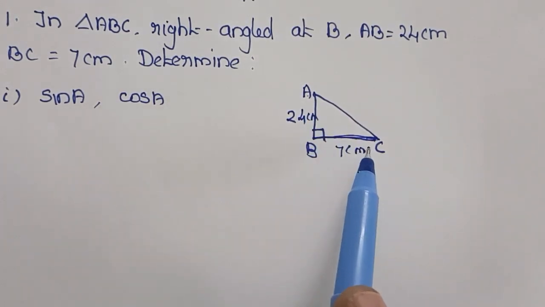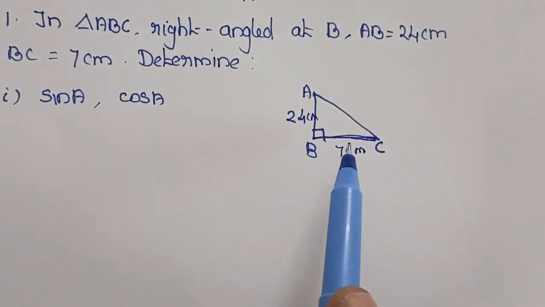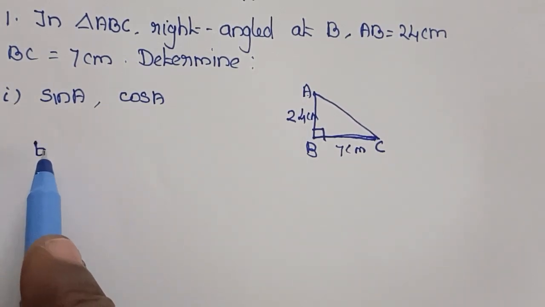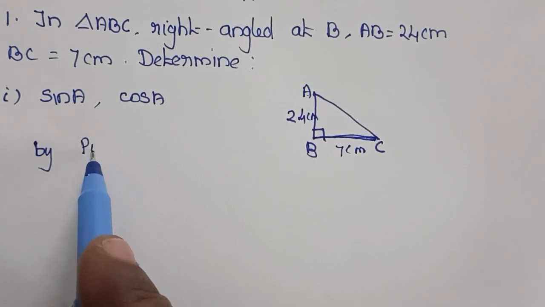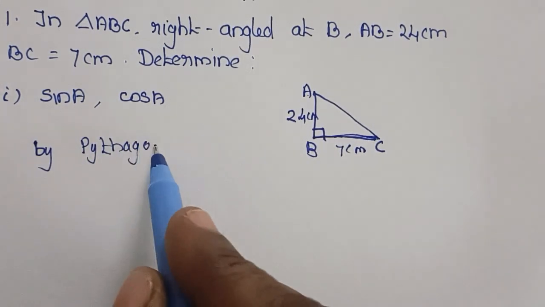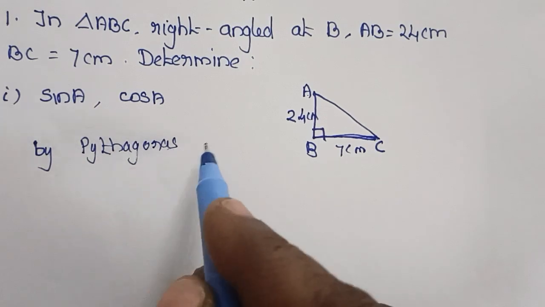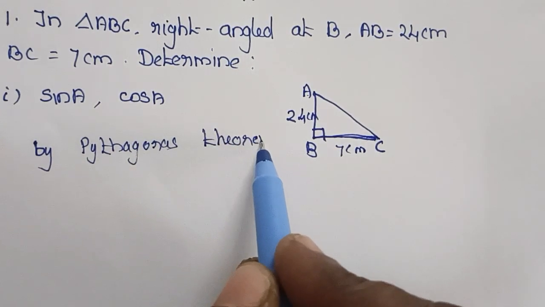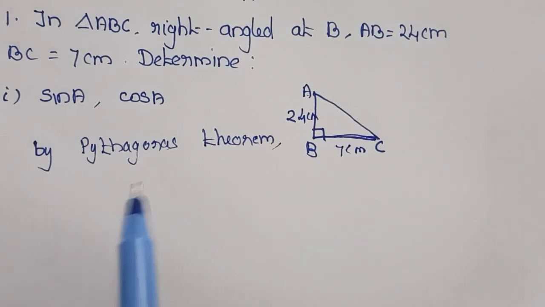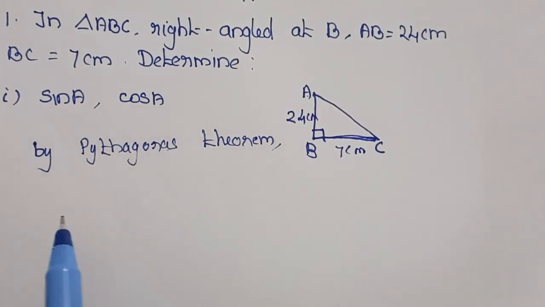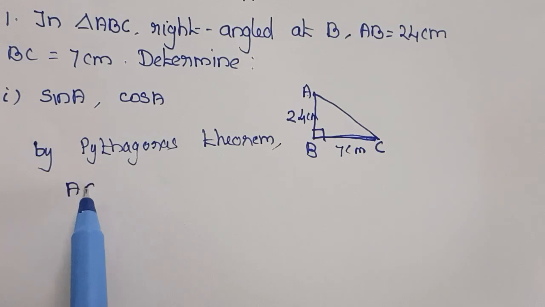Since AC, that is the hypotenuse, is not given, first we have to find the hypotenuse. By Pythagoras theorem, hypotenuse square equals base square plus altitude square, isn't it? We have to find AC.